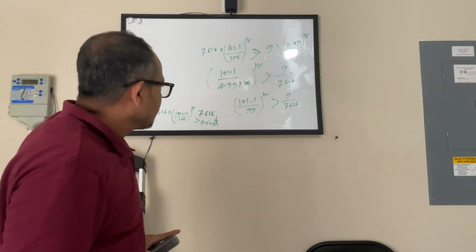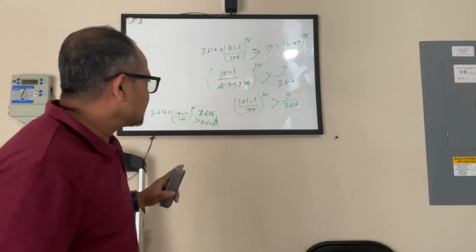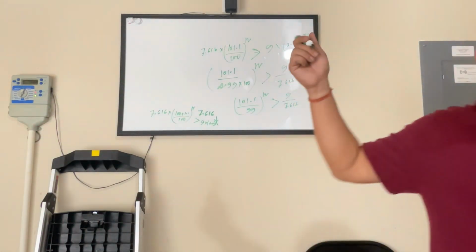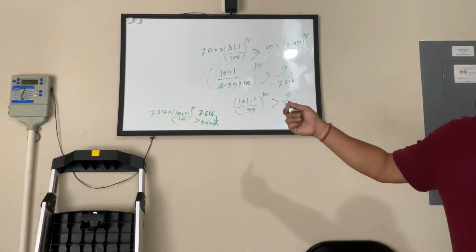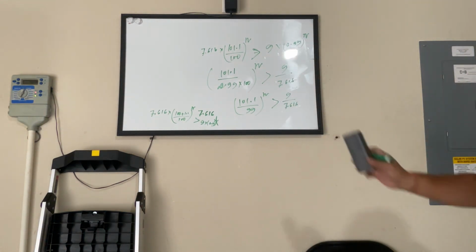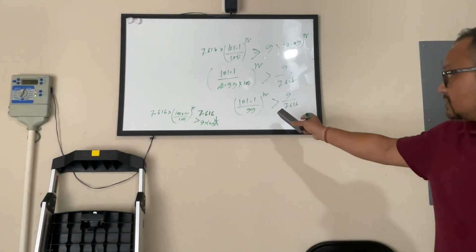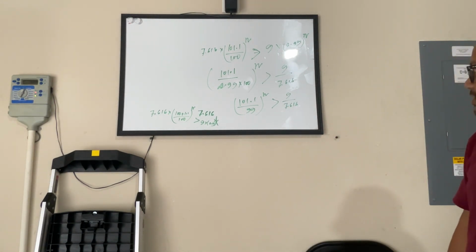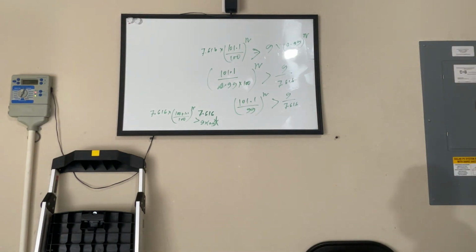Okay. Now from this, what does the question say? Is it asking you to just get the formula, or is it asking you to solve it for it? Okay. So now, do you know how to solve this one? No. Okay. Let me think how I can solve for power n.